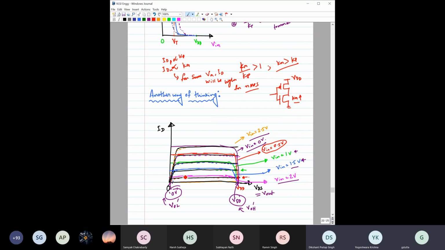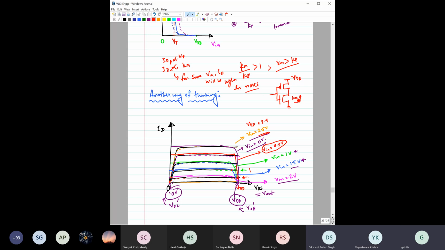Earlier you saw the first intersection here, the second there, the third and fourth here. This is for 1 volt, so switching is happening between 1 volt and 1.5 volt, with VDD equal to 2.5 volt.